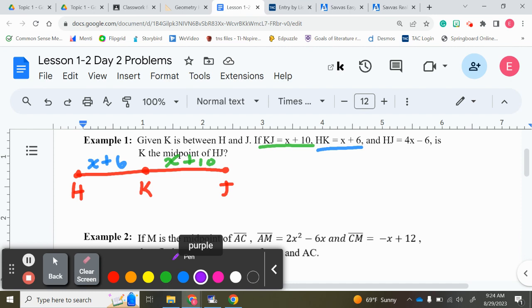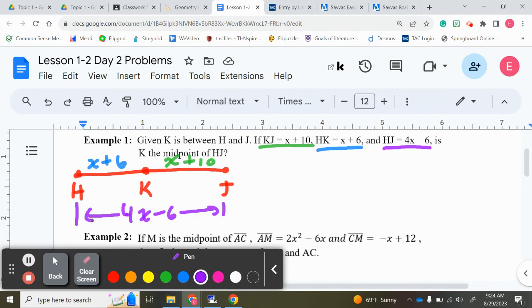And then we're doing HJ, so this entire segment is 4x minus 6. Questions on where that is coming from before we move on to the next part? Good.